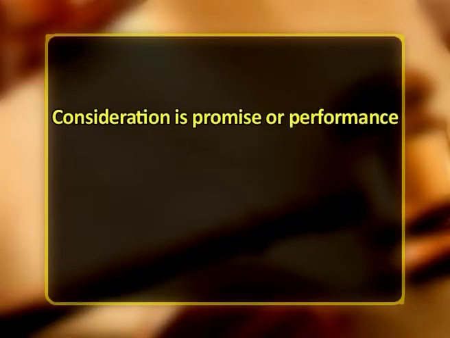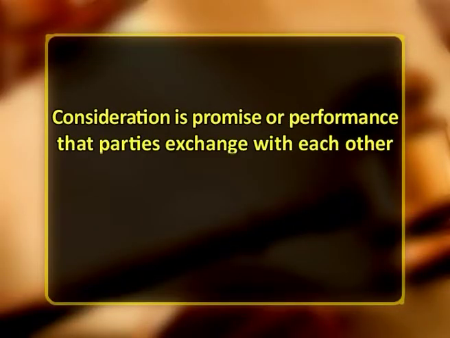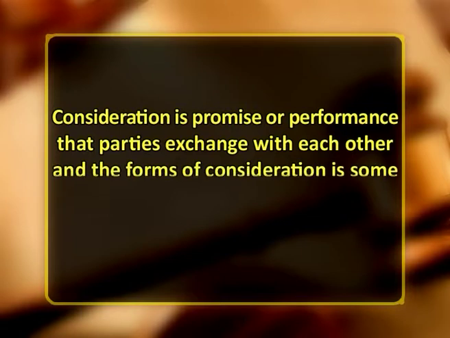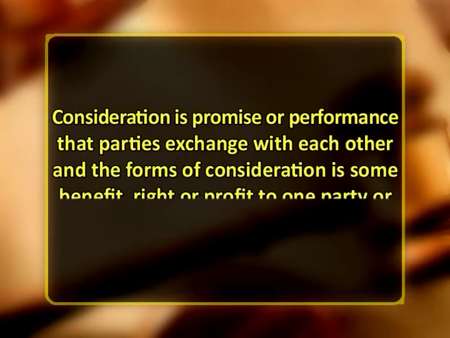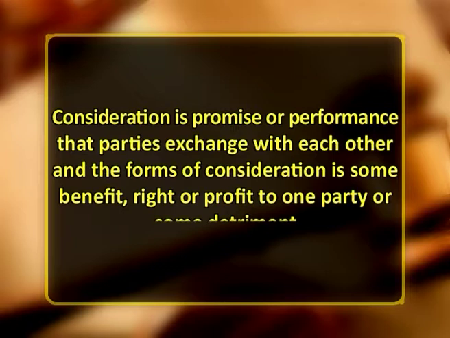Here A must part with his house and B must part with rupees 10 lakh. This proves that consideration is mutual and has two sides. Consideration is a promise or performance that parties exchange with each other, and its form is some benefit, right or profit to one party or some detriment.